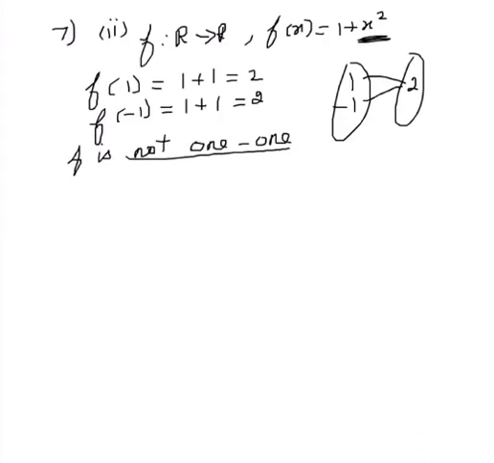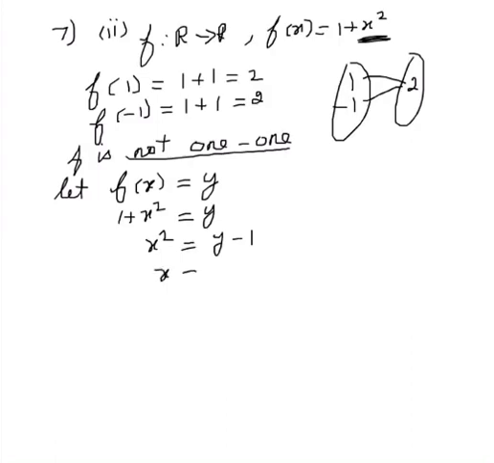Now let us check whether it is an onto function or not. So let us write f of x is equal to y, and f of x is 1 plus x square. So x square is y minus 1. x is root of y minus 1.